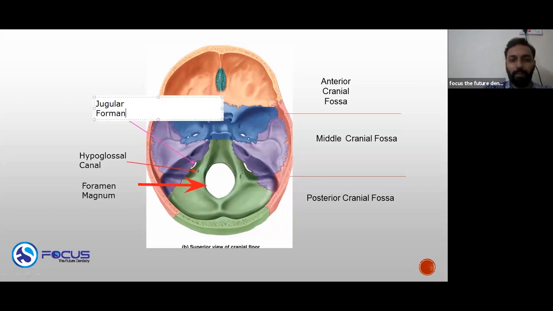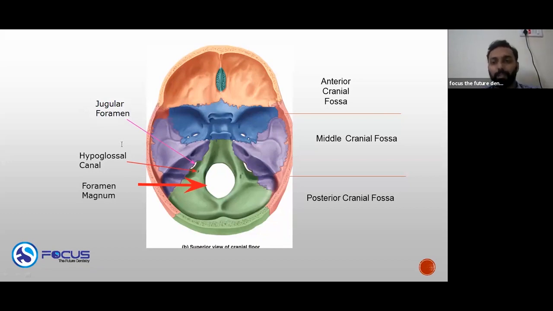Some vein have you studied? Internal jugular vein. Yes, very good. There is internal and external jugular vein, and this particular foramen is the place from which the internal jugular vein exits the cranium. Clear with it? Okay. So this completes your posterior cranial fossa.